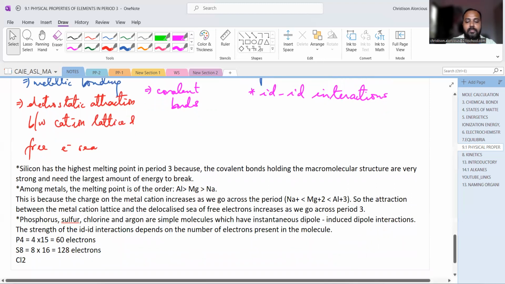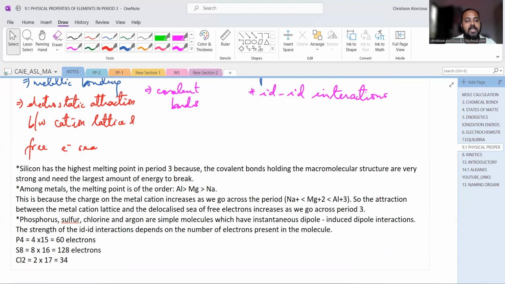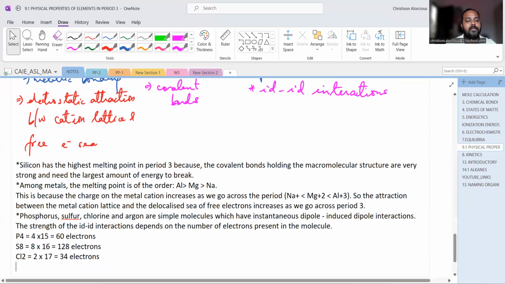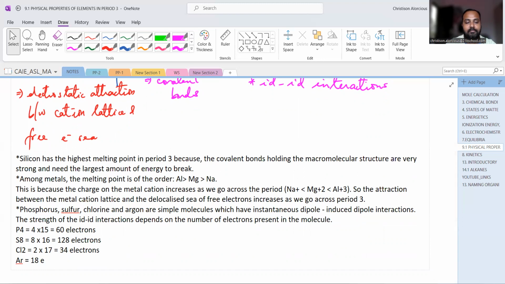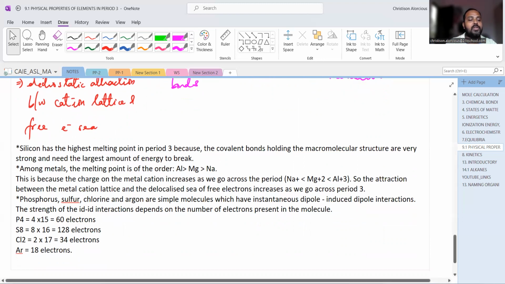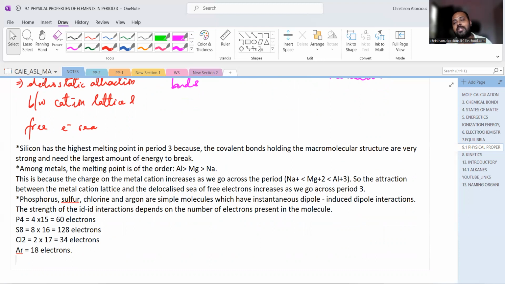Cl2 would be 2 times 17, that is equal to 34 electrons. While argon is just 18 electrons. So among them, sulfur has the highest number of electrons, which means sulfur has the strongest ID-ID interactions, and hence would have the highest melting point.